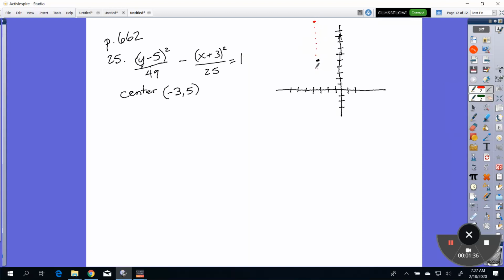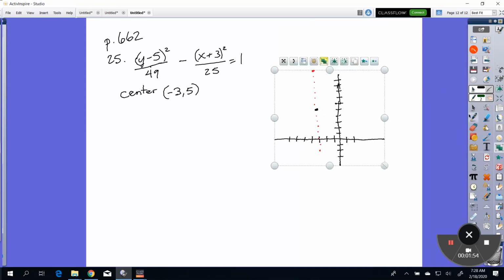And then down 1, 2, 3, 4, 5, 6, 7. So now to the right we go 5.